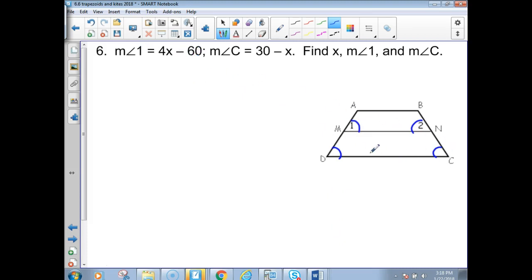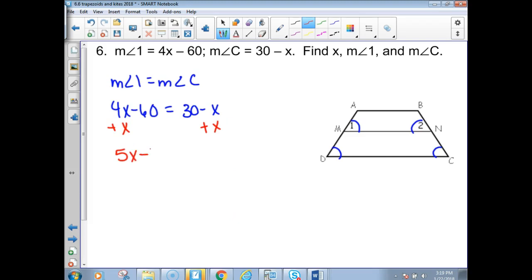If all of those angles are equal, then angle 1 and angle C are the same size. The measure of angle 1 equals the measure of angle C. So we're going to pop in the algebra. 4x minus 60 equals 30 minus x. I would need to add x.